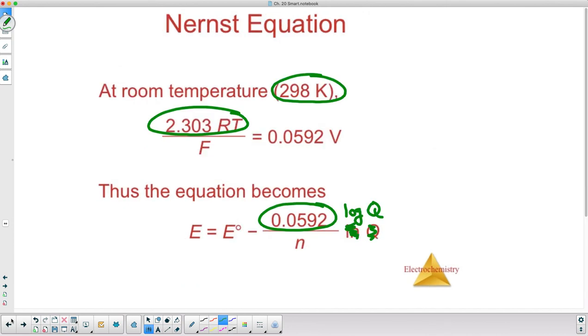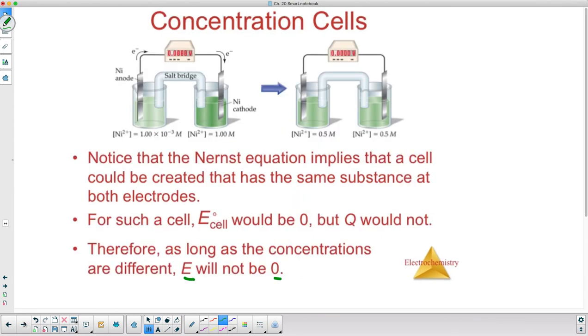If this is 0, that doesn't necessarily mean that this term is going to be 0, so my E here will be something other than 0. So you can have the same things in different concentrations and have it still all work out. That's all I'm going to talk about. This was long enough. I'll elaborate in class and with problems.